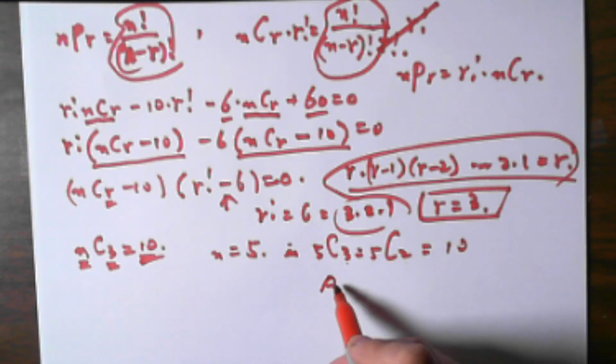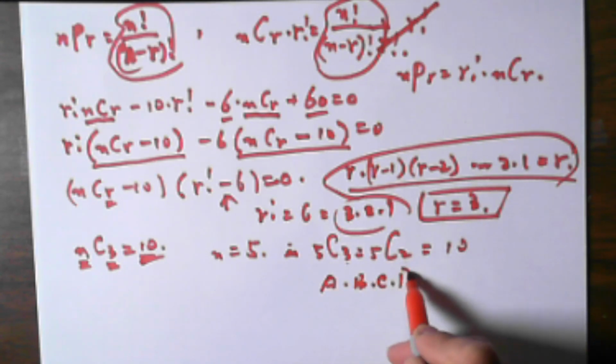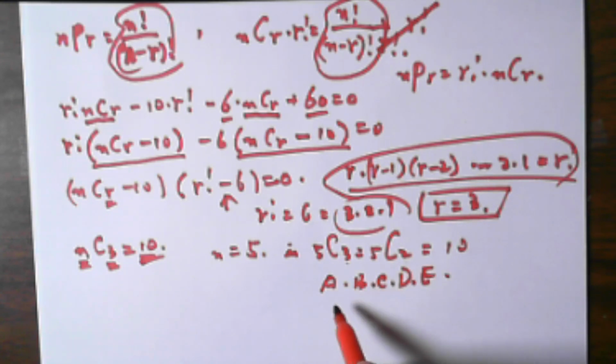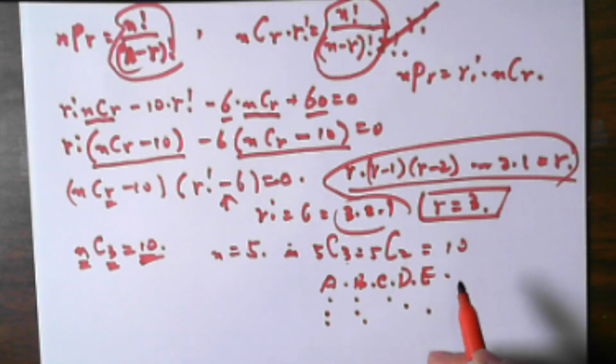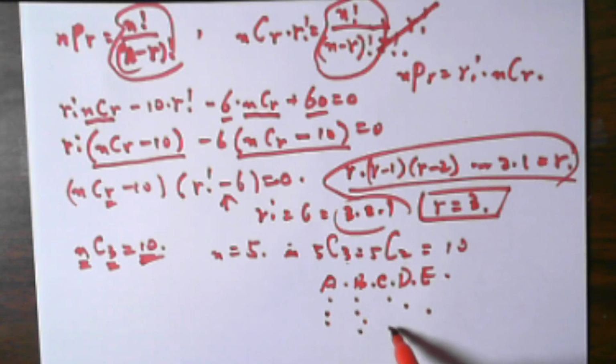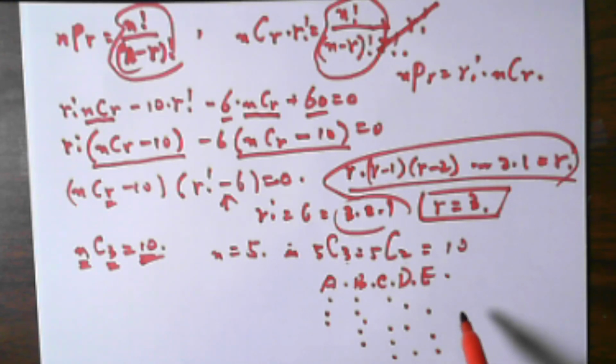Okay, for example, A, B, C, D, E, and ABC, ABD, ABE, and then with the A we count all. Now BCD, BCE. Now with the B we count all, and then CDE. So we count all possible ways.